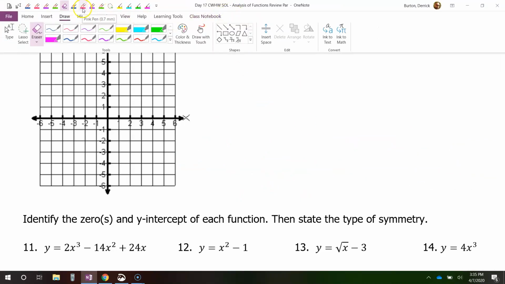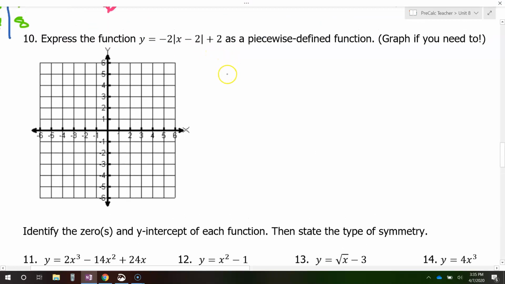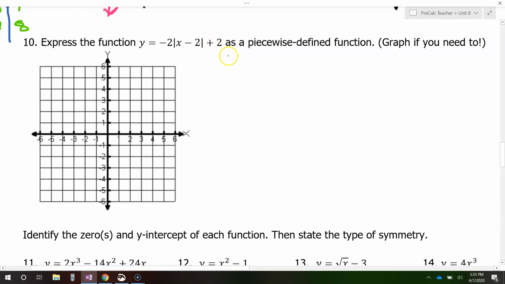Okay, so I'm going to graph. I'm just going to be a little bit more careful. I'm still going to use the fact that I know that the vertex is going to be 2, 2, as I already explained.